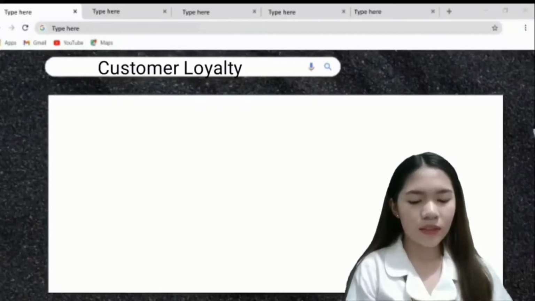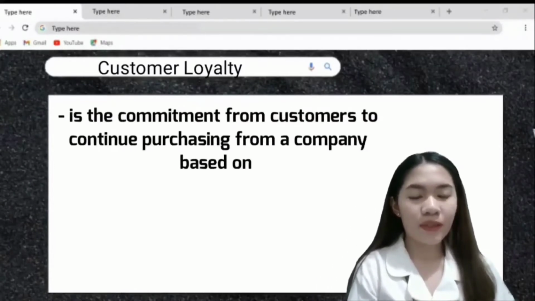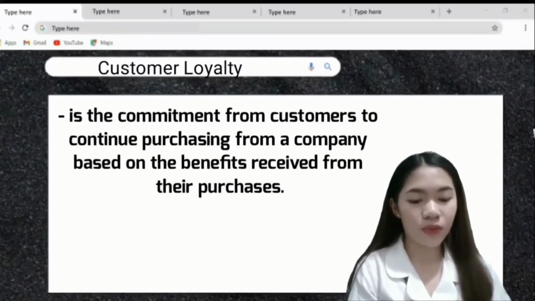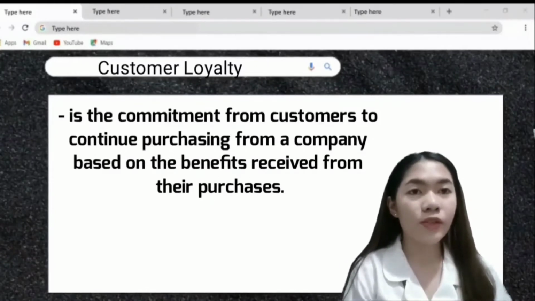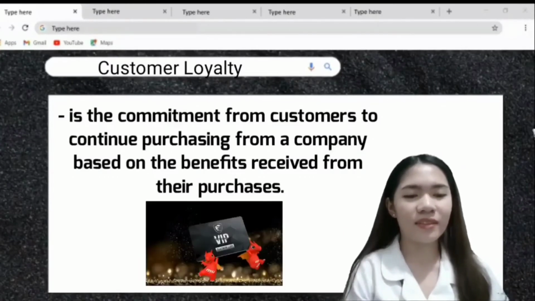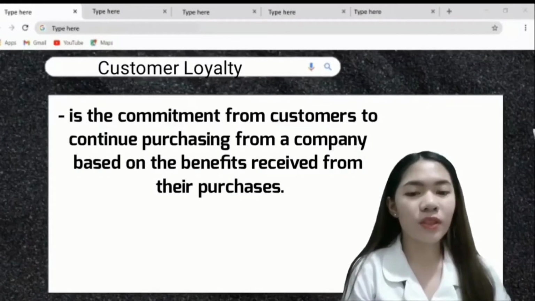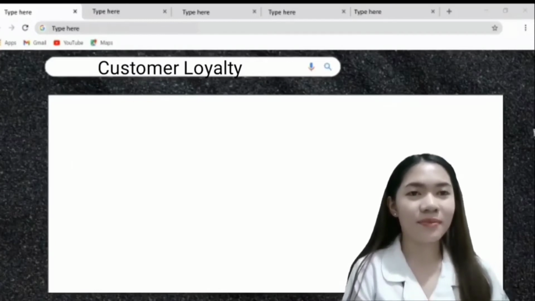Customer loyalty is the commitment from customers to continue purchasing from a company based on the benefits received from those purchases. Customer loyalty is largely based on price, benefits, and rewards. The more value or benefits the customer receives, the more likely they will shop at that business in the future.